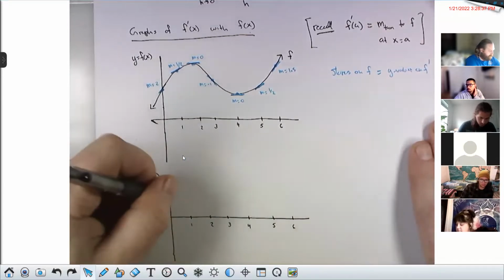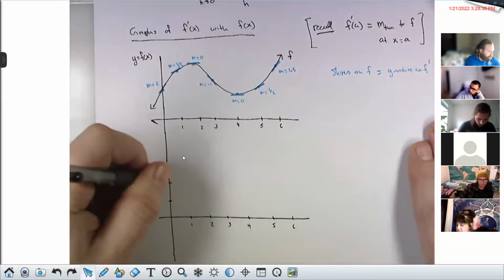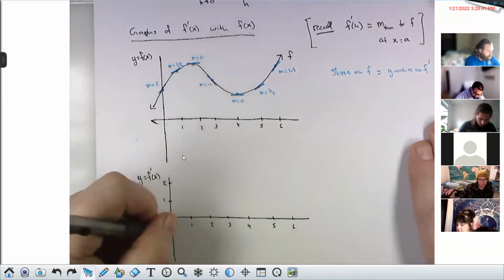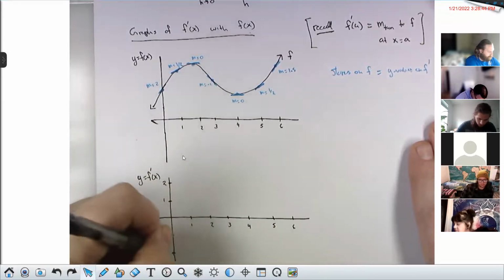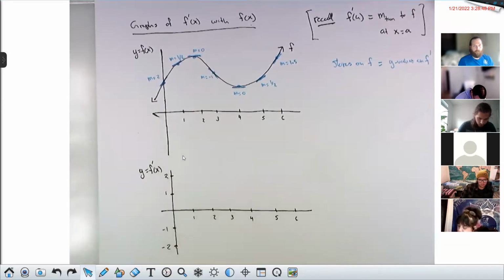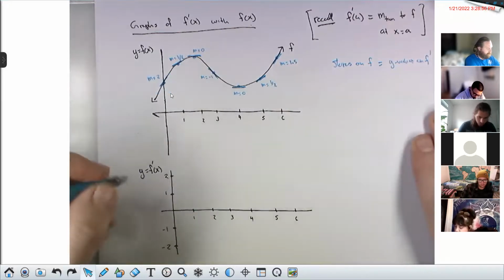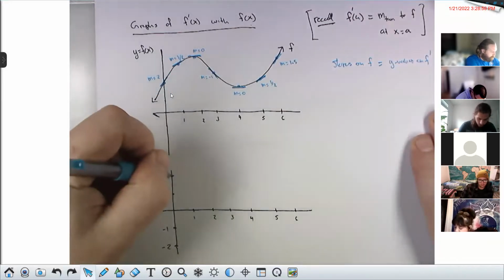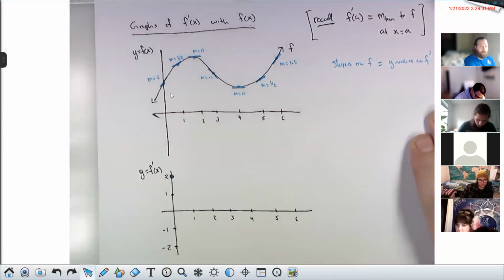I'll mark this as 1, 2, -1, -2. f prime of 0 is 2. That's what this says. So f prime of 0 is 2. That means the point (0, 2) is on the graph of the derivative.